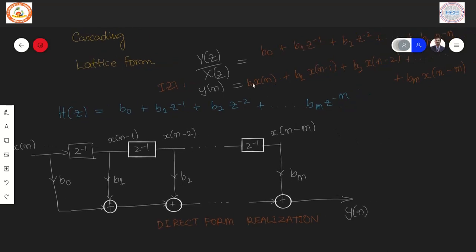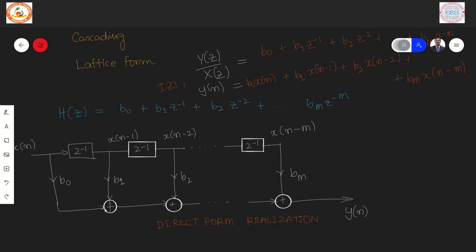We have observed from the difference equation that the corresponding inputs are scaled by the coefficients. X of n is multiplied with B0. X of n minus 1 is scaled by B1. X of n minus 2 is scaled with B2, and this process continues. And we are going to make a sum of all these terms. So we have adder here.